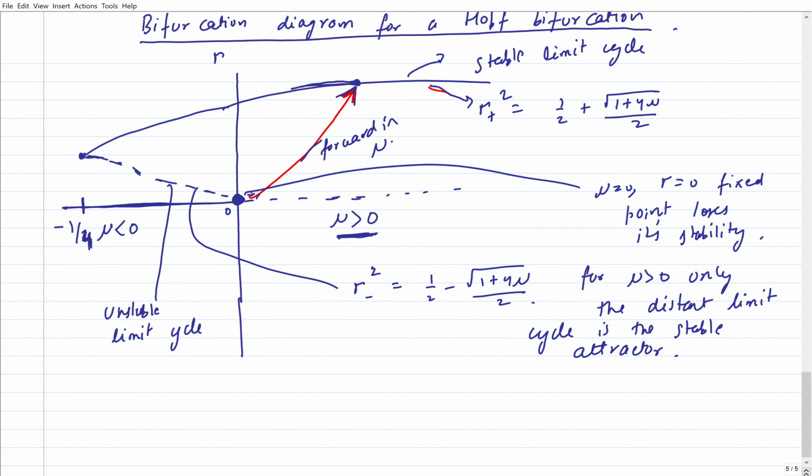It's going to follow this path because this was a stable attractor and it's going to backtrack over here. So upon reducing the parameter now back from mu greater than 0 to mu less than 0, it's not going to reach this fixed point. It's going to follow this limit cycle, and finally when these limit cycles are destroyed at mu equals to minus 1 by 4.